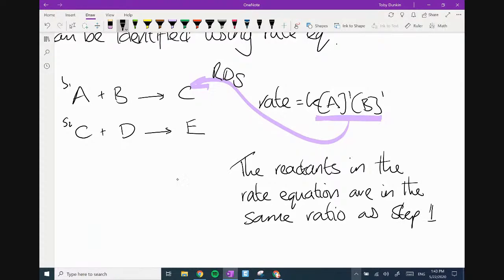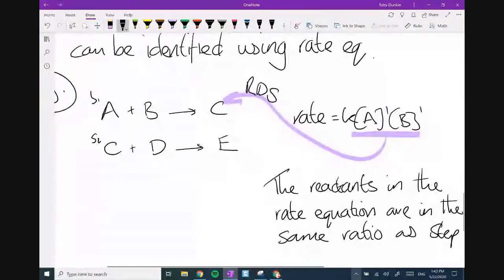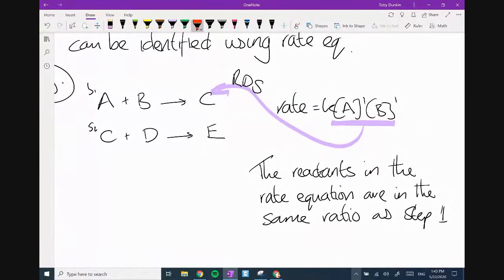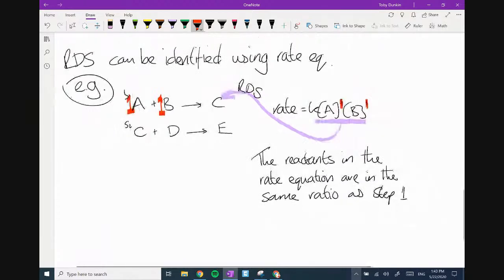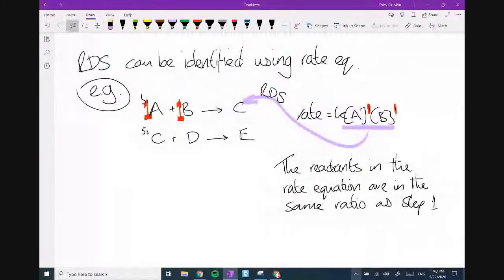And let's now do this in color coding. There is 1A. It matches the stoichiometric ratios. Yeah, 1 and 1. That's where it comes from. Now, that is the most basic form of identification of RDS using the rate equation.